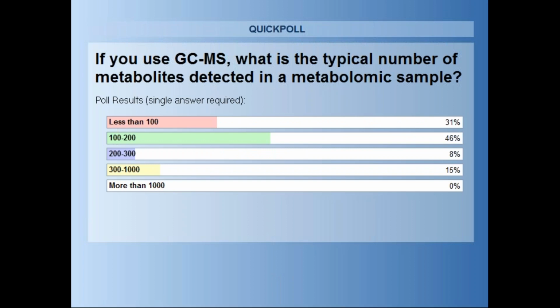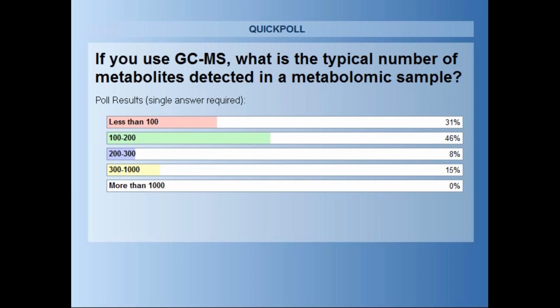If you use GC-MS, what is the typical number of metabolites detected? I guess 77% get up to about 200 metabolites identified, so distinct metabolites. Typically we can resolve a couple hundred just in the chromatography domain.